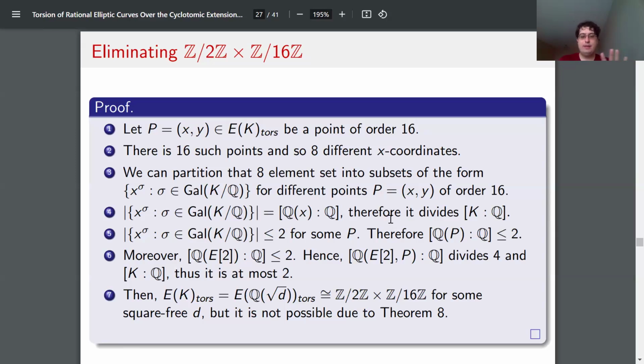Then we look at the possible partitions and see one of these orbits must contain at most 2 x coordinates for some P.